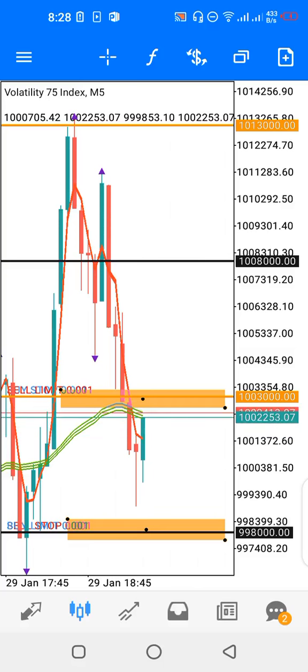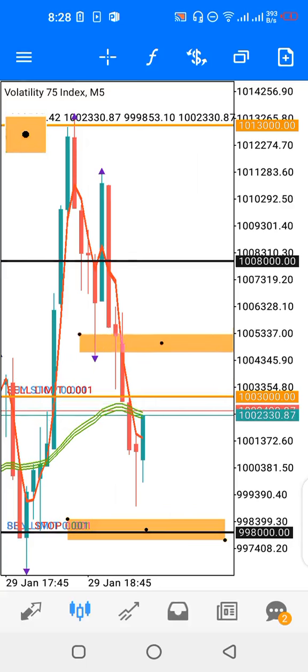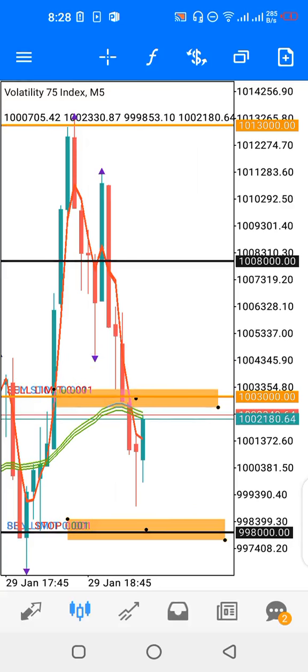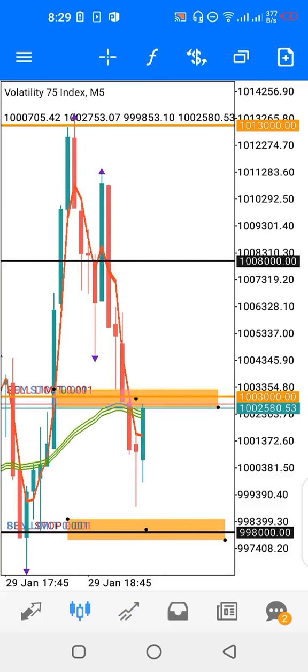Of course, I'll be setting take profit for the two, and one of the two will close in profit, while I'll leave the hedge pending order for the other running trade.